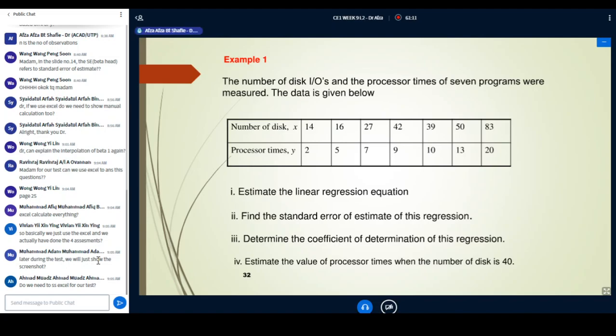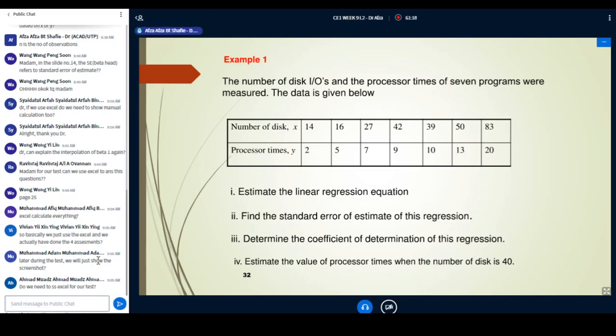What do you mean by you just show the screenshot? If we ask you a question on, let's say, the regression analysis, you just copy paste. Yes, okay, just show the screenshot.